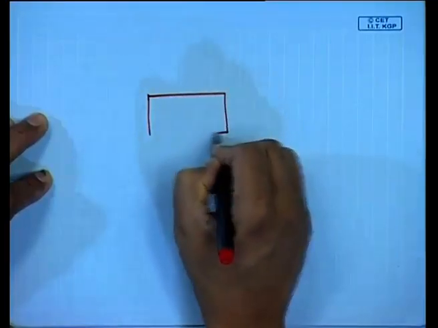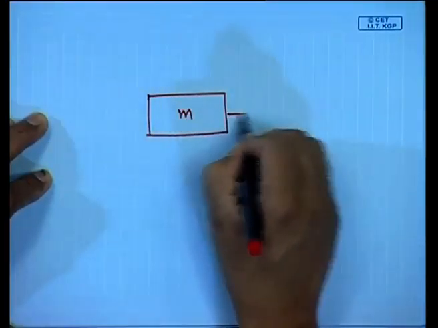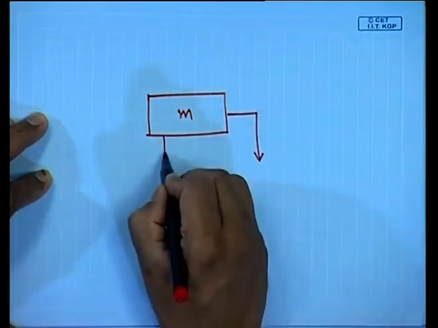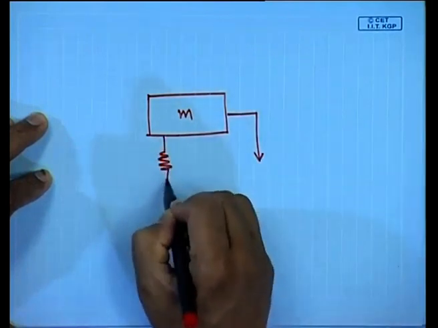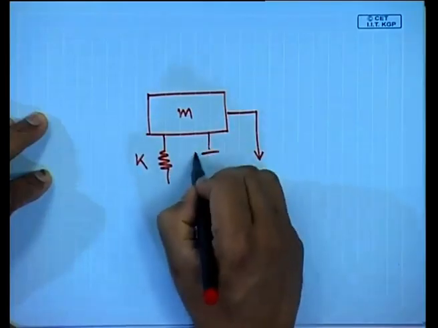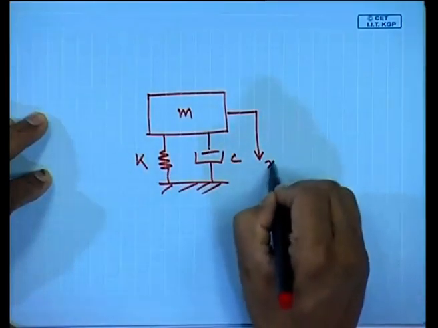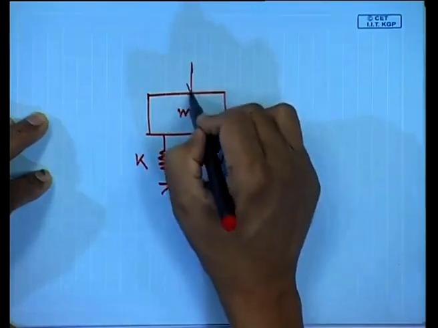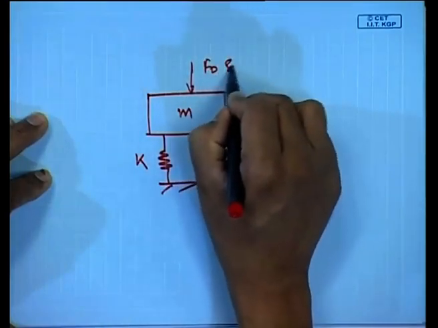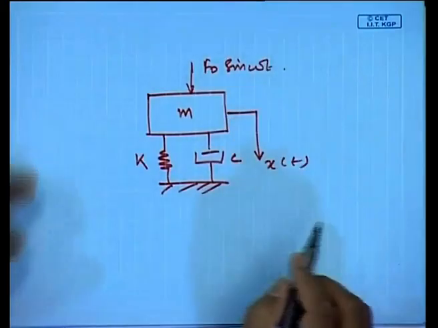The question is, if I go back to the model which I was describing, a single degree of freedom mass having a spring stiffness K and a damping coefficient C, it has a certain response because of a certain force F0 sin omega t.